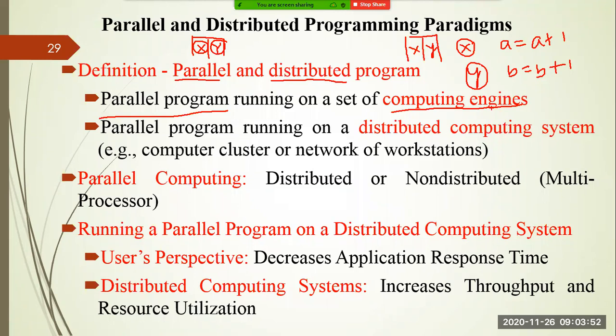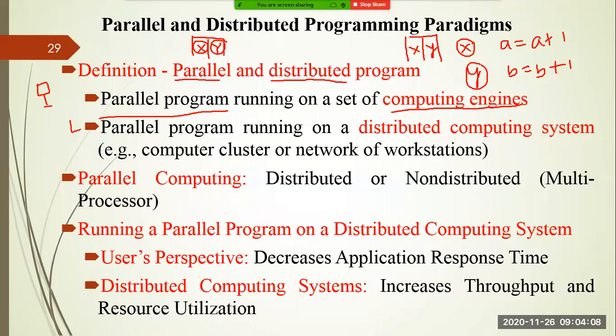Or you can also define it as a distributed computing system. In a distributed computing system, what happens? They are not necessarily present nearby, but are distributed all over the world.